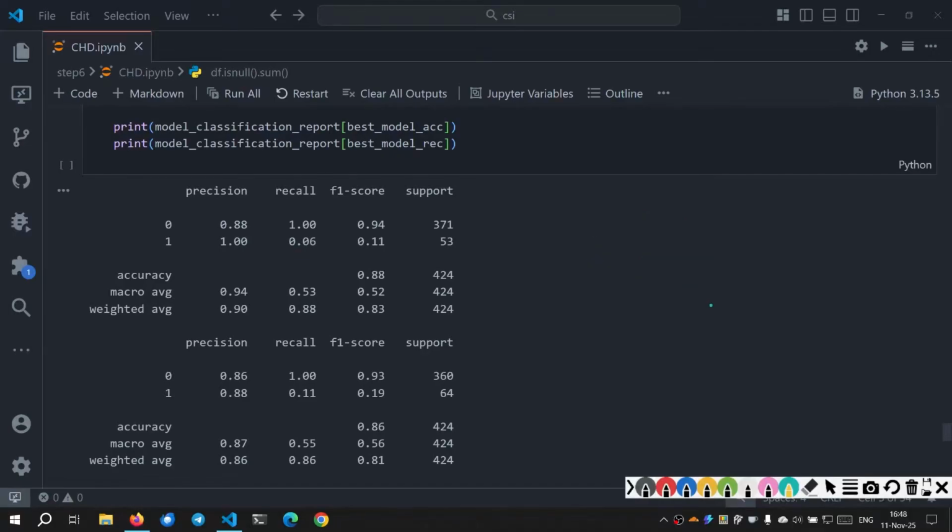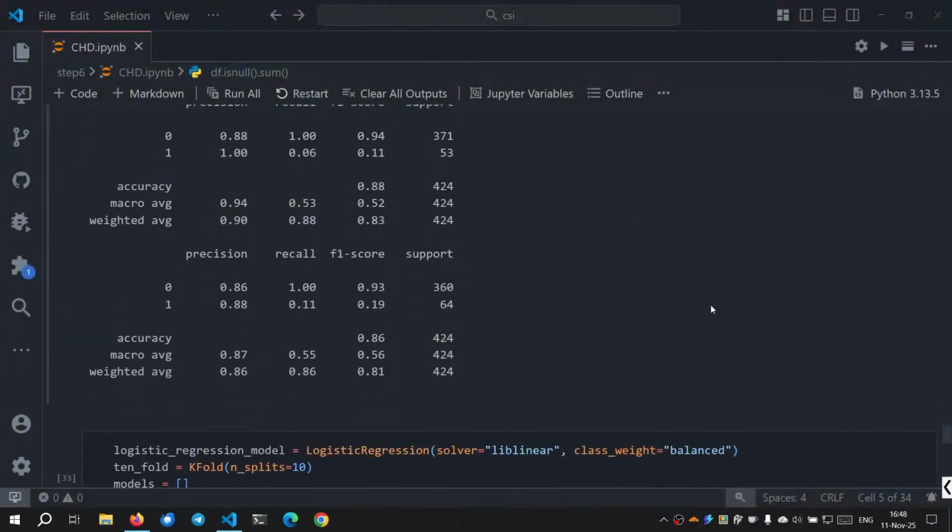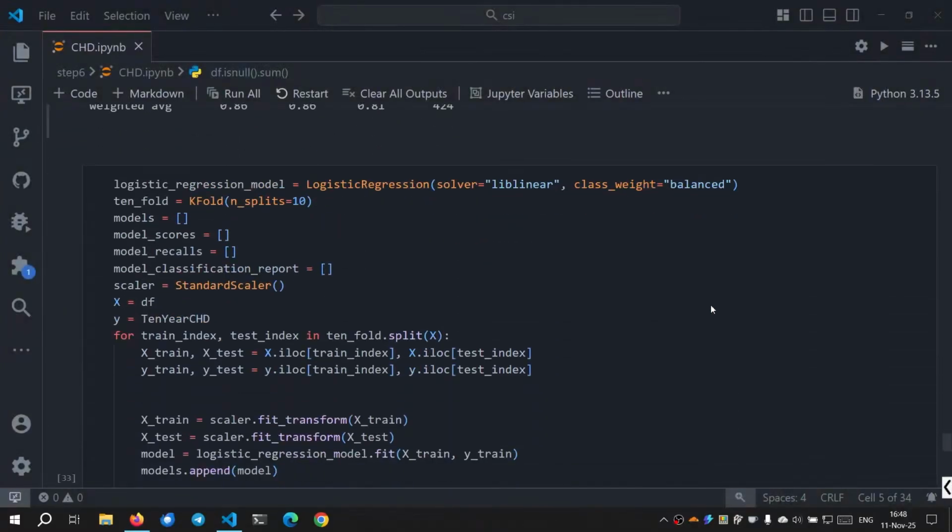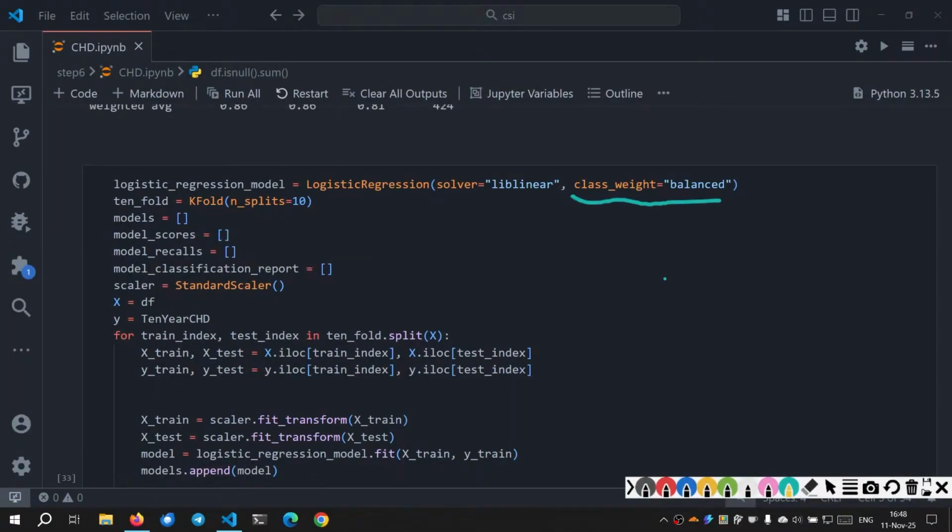So how do we tackle this and improve our recall? We need to use class weights. So if we make our classes weighted and make them balanced, which means, okay, it's true that we have fewer samples, but they have more meaning in the one class.